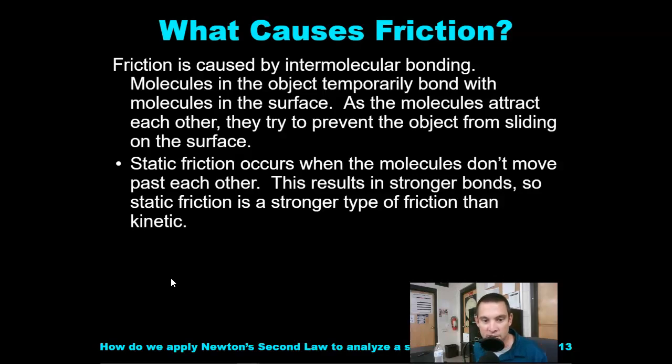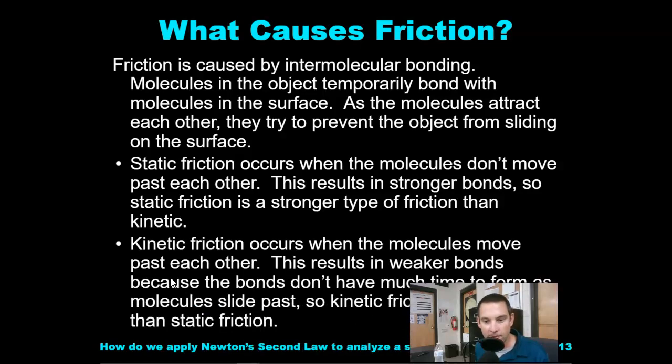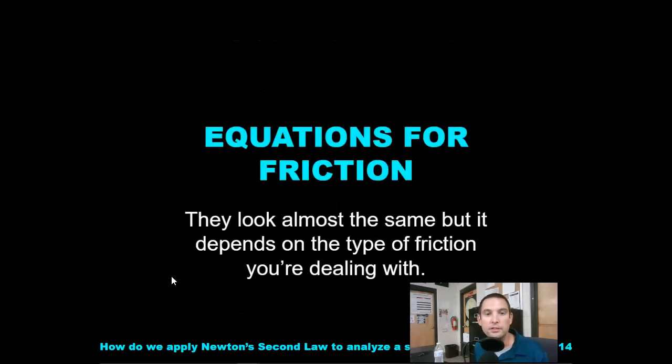So static friction is a stronger type of friction than kinetic friction. Kinetic friction occurs when the molecules move past each other. This results in weaker bonds because the bonds don't have as much time to form as molecules slide past. So kinetic friction will always be weaker than static friction for the same object and the same surface.